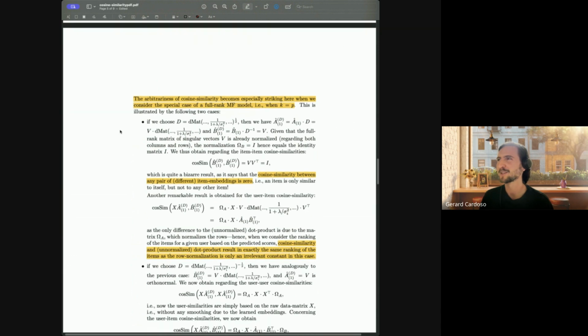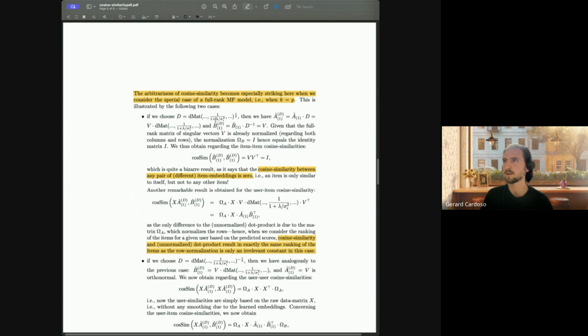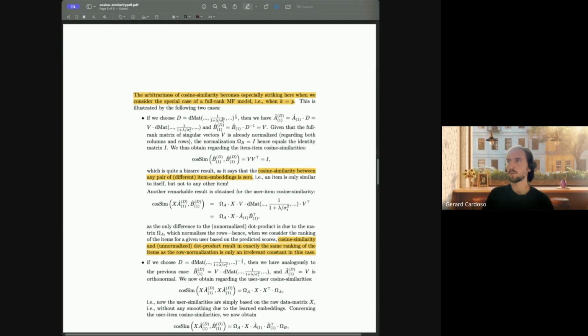So they show a special case where they choose D to be this diagonal matrix, which is influenced by the singular values and the regularization parameter, and you choose K to equal P, in this case the number of items, or the dimension of the features, whatever you choose to call it.